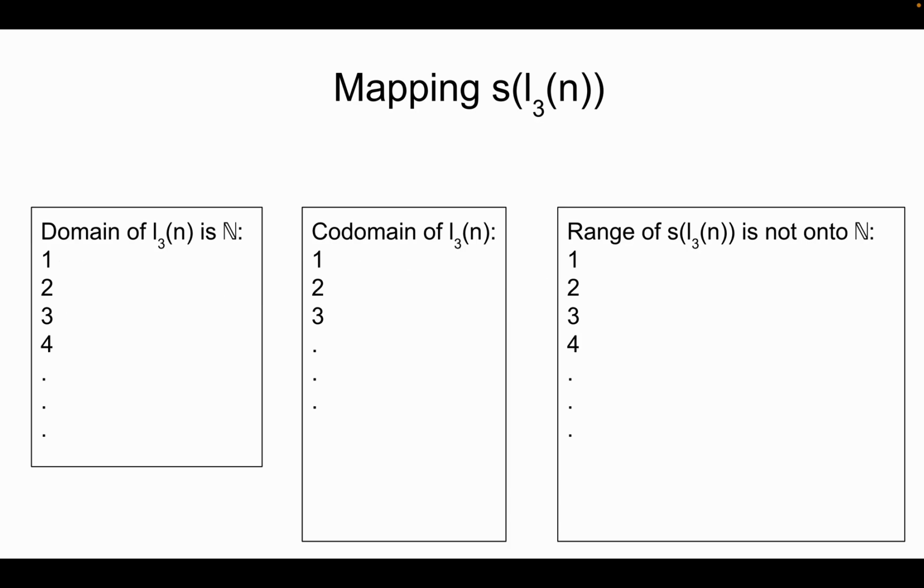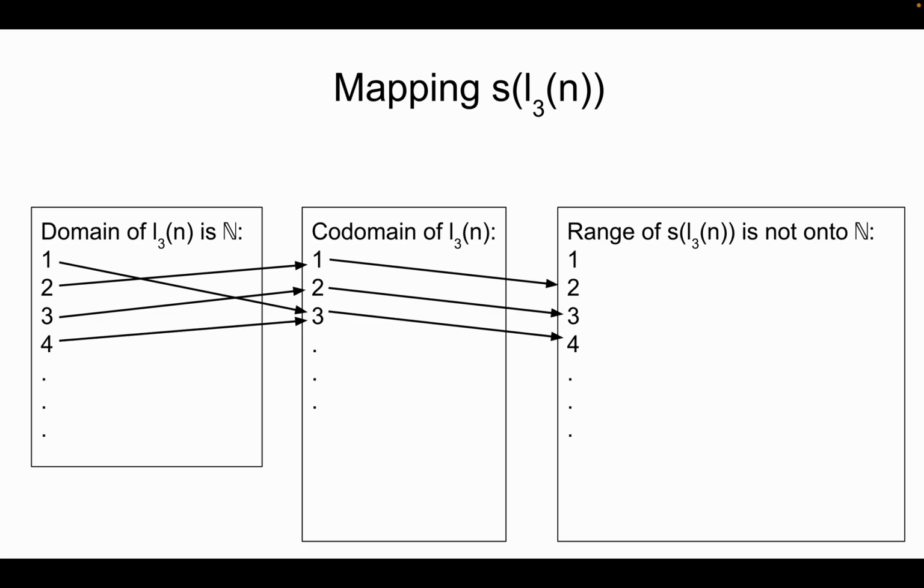And we can say a similar sort of thing for S of L3 of n. So 1 would map to 3, 2 would map to 1, 3 would map to 2, 4 would map to 3, in the codomain of L sub 3 of n.